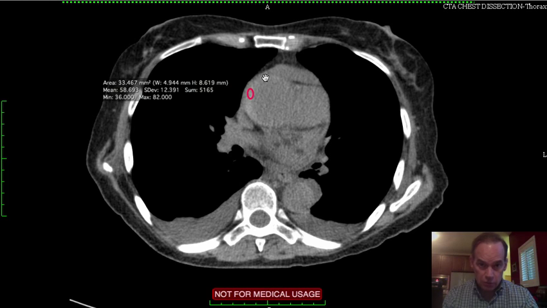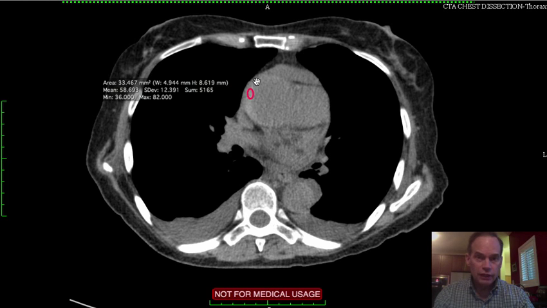This is a mural hematoma. It is hemorrhage that has occupied not the subintimal space, which would make it an intimal dissection, which is much more common than this. This is an aortic mural hematoma.